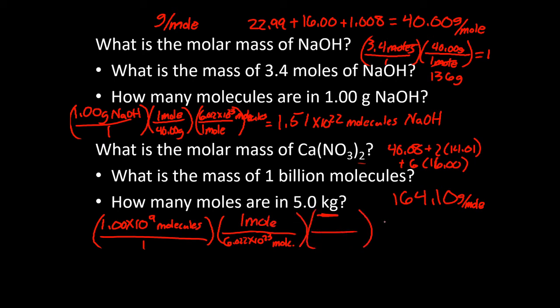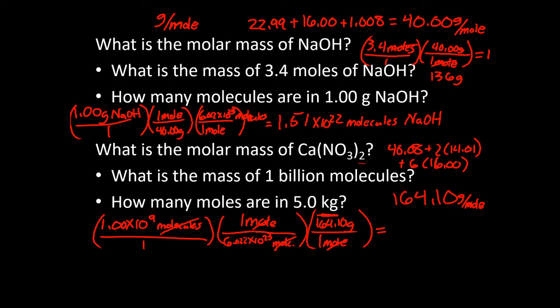And then I'm going to multiply by the molar mass, because that will cancel out my number of moles and leave me with a unit of grams, which is what I want. So again here, molecules cancel, moles cancel, leaving me with mass in grams.